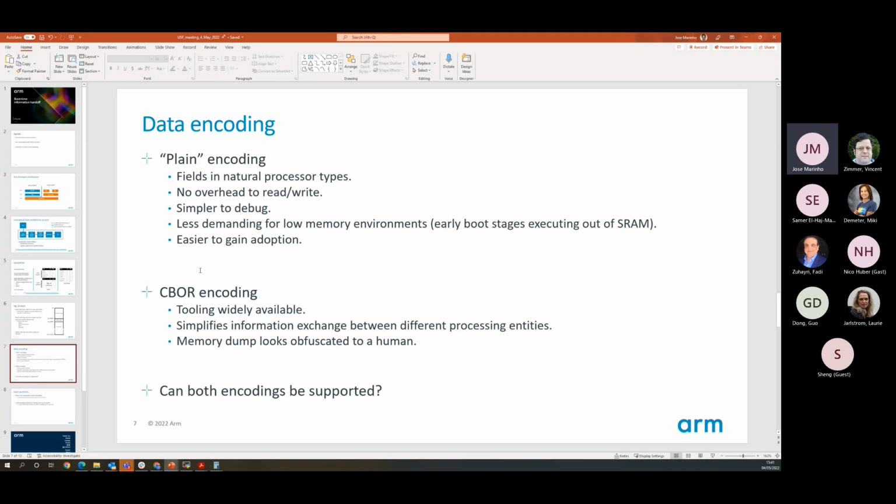So again, as I said, it makes it much easier for information to be exchanged between different processing entities. I mentioned in the beginning that there's an exchange between the PMC and the early stage bootloader, but there are other examples of information exchange between the host SoC and different processing entities.